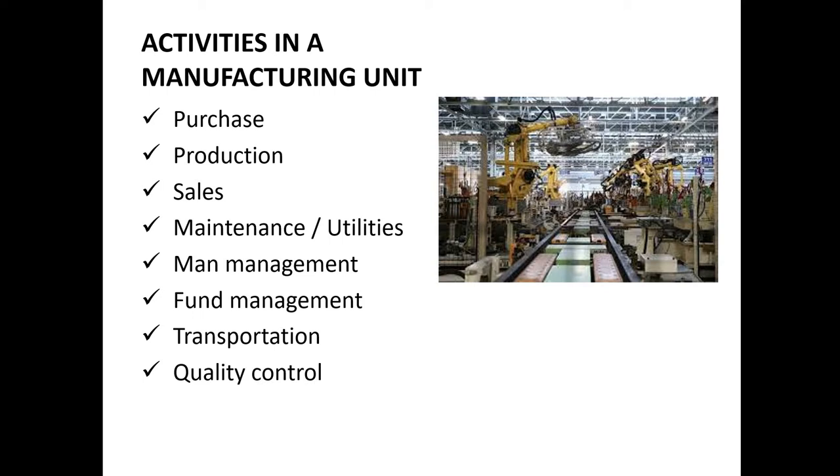Then there is going to be HRM, that is man management, and finance, which I am calling fund management. Then I will have a transportation section to take my finished goods to the market. Finished goods also have to undergo a check, so I will have a quality control section. So these are some of the activities that I am visualizing.